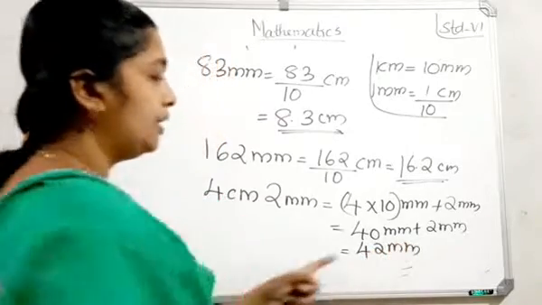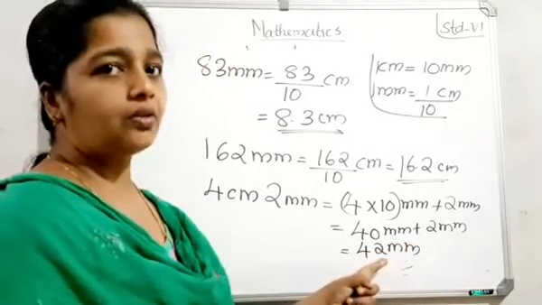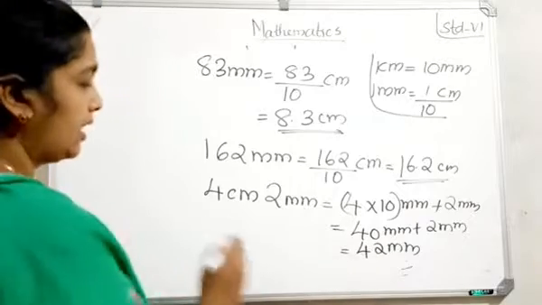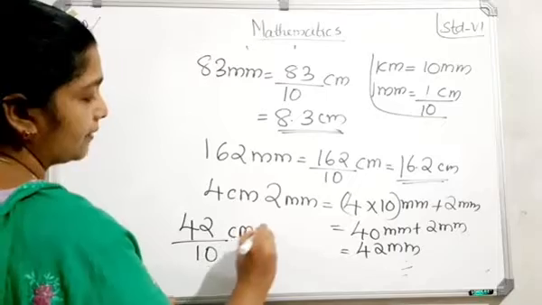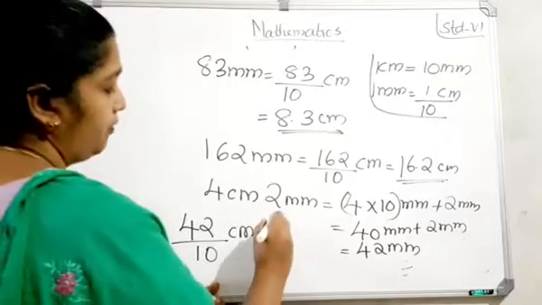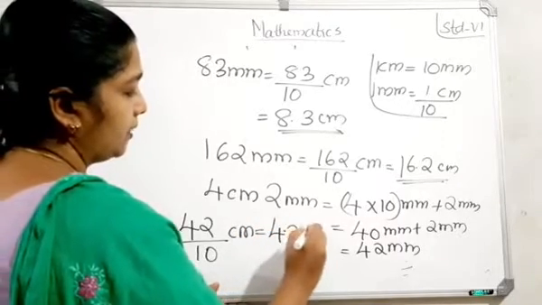Then we convert into centimeter: 42 divided by 10 centimeter, which is 4.2 centimeter.